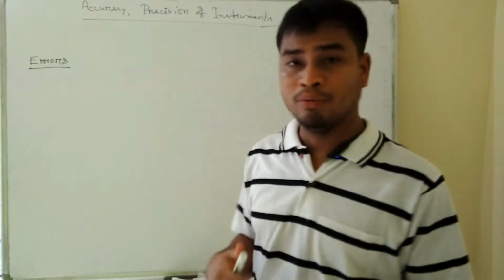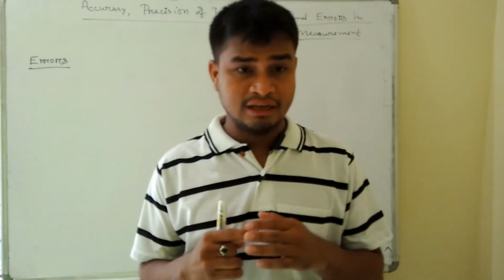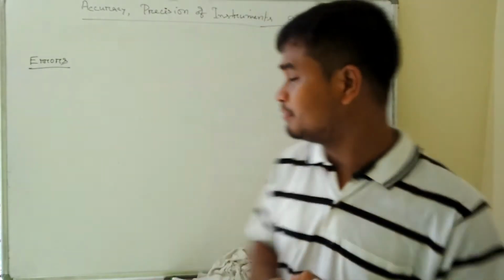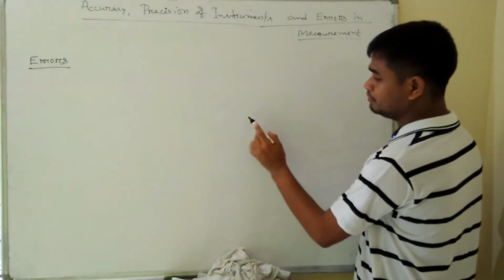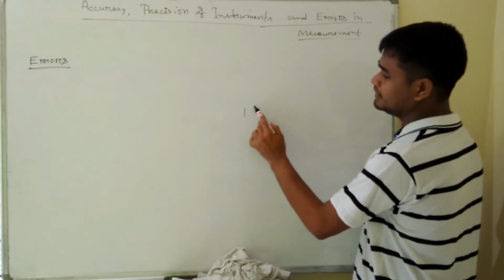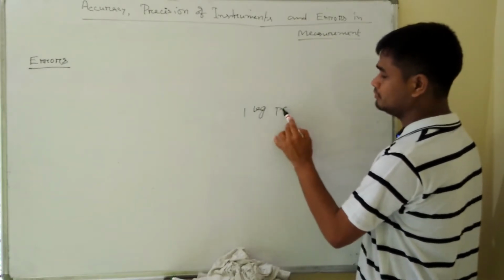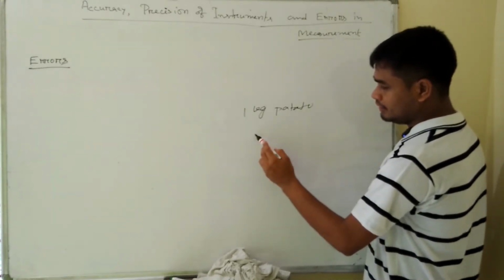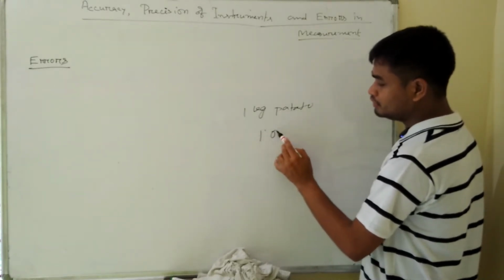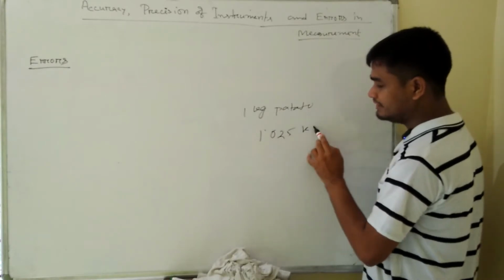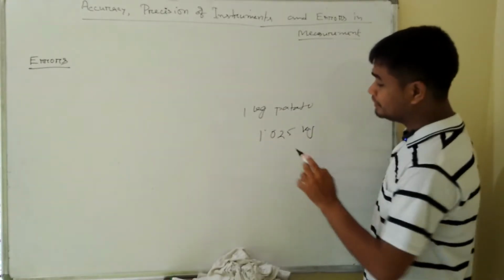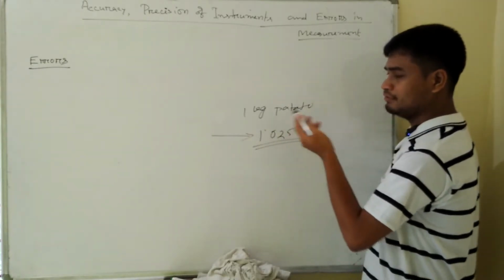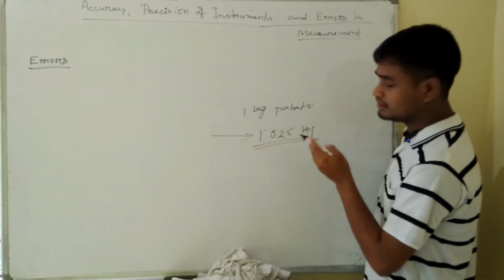Error. What is error? If we measure something, there is some approximation. For example, if you go to buy 1 kg of potato, and in the balance you see 1.025 kg, you buy this quantity of potato.